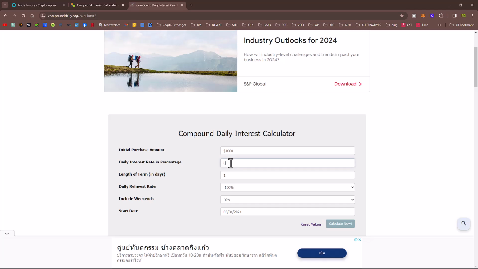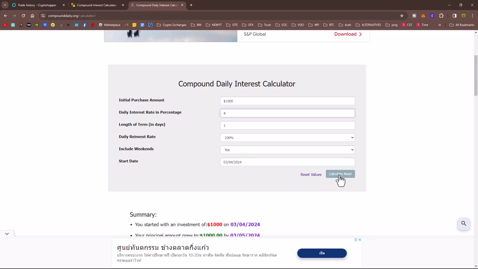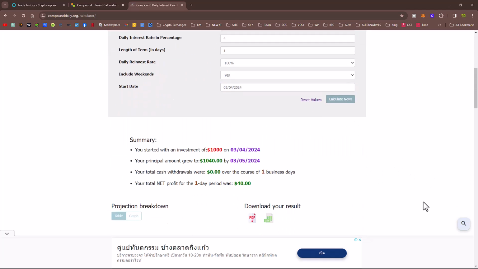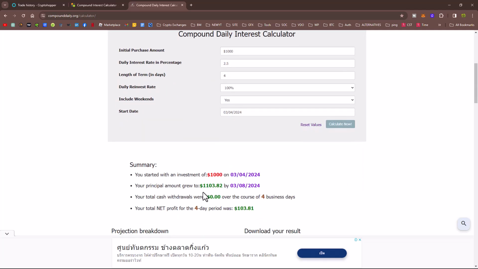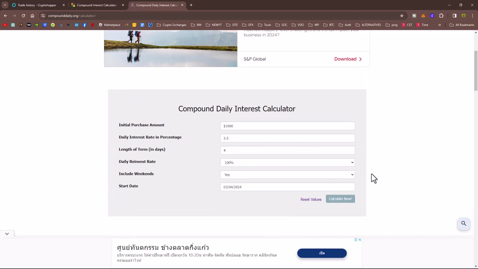And then if I get 4%, get my picture, guys? Let's say I make 2.5% for 4 days running. That's $103 in 4 days if I got 2.5% for 4 days running. And that can happen when we're in a bull market and everything's bumping.